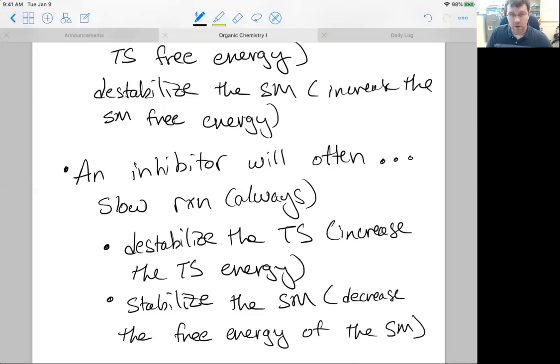So an inhibitor works in the exact opposite way as a catalyst. It influences the rate of the reaction, to be sure. It doesn't just leave the reaction alone, it influences it by usually both destabilizing the transition state and stabilizing the starting material. Both of these will result in an increase in the activation energy, or a higher barrier for the reaction to occur. That means fewer molecules per unit of time are able to climb over the barrier.